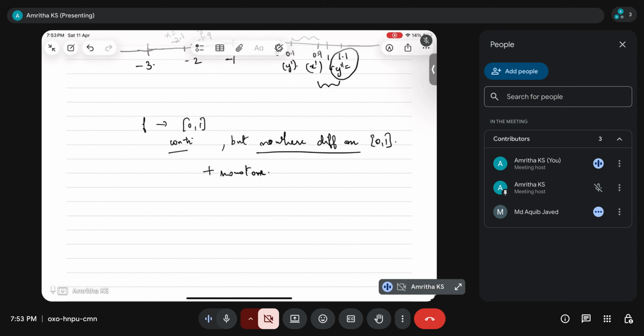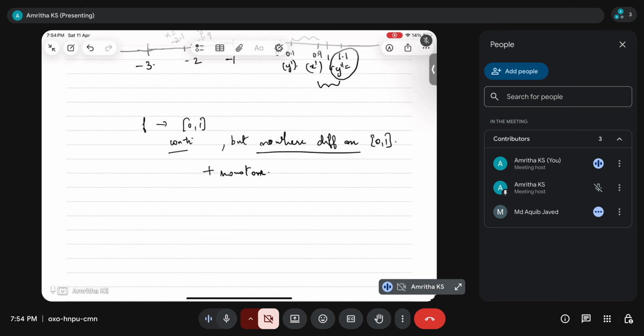Just because for a monotone function, the points where it cannot be differentiable will be countable. Monotone function, the points of discontinuity are countable.